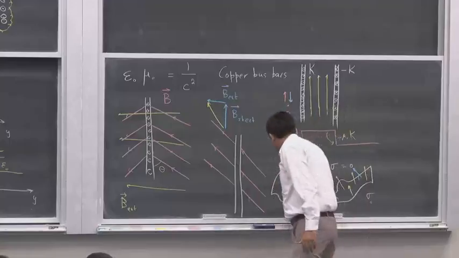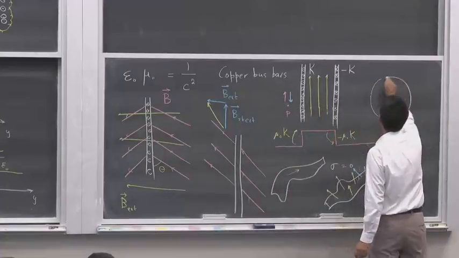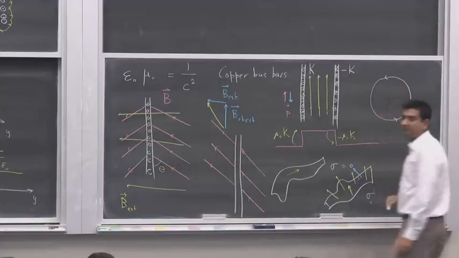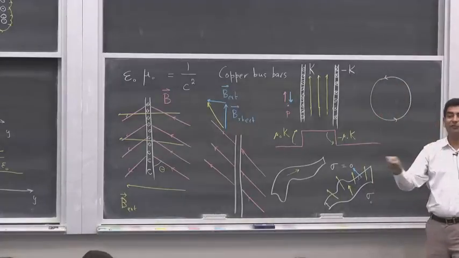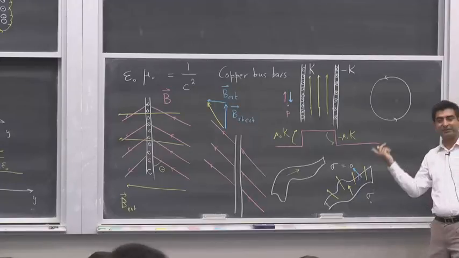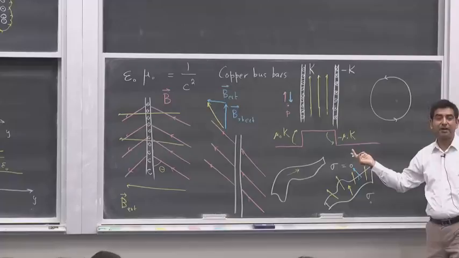For example, if you do not have a changing magnetic field, I've already shown you that it's impossible to have an electric field like this, right? You cannot have a tangential electric field if there are no changing magnetic fields. This is Maxwell's equation. This is Faraday's equation, the partial form of it.